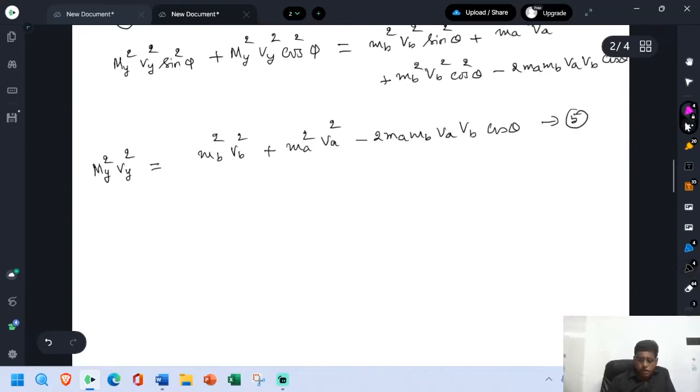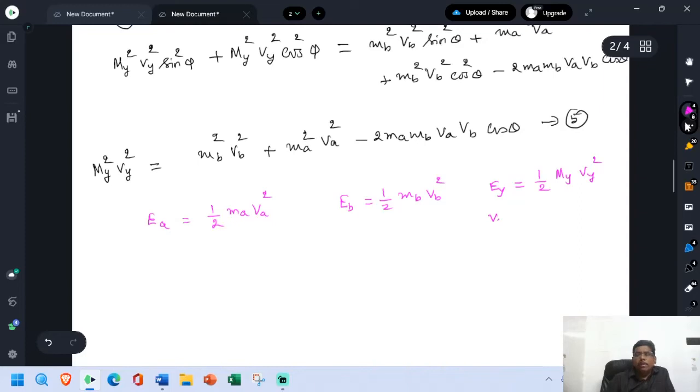You know that Ea equals half ma Va square, then Eb equals half mb Vb square, then Ey, the kinetic energy of the daughter, equals half capital My Vy square.